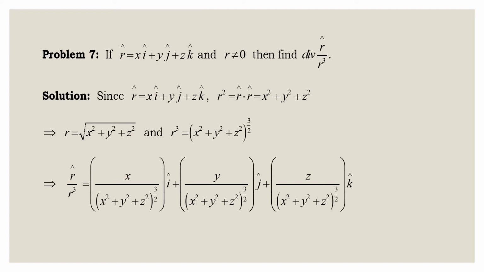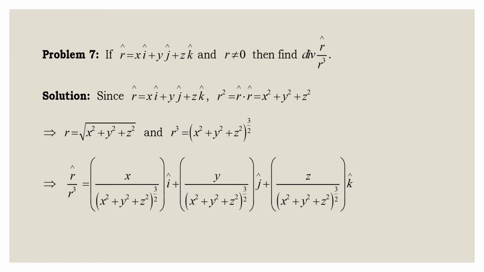We have seen this vector many times. If we want r square, we need to find r cap dot r cap. So r cap dot r cap gives us (x i cap plus y j cap plus z k cap) dotted with (x i cap plus y j cap plus z k cap).